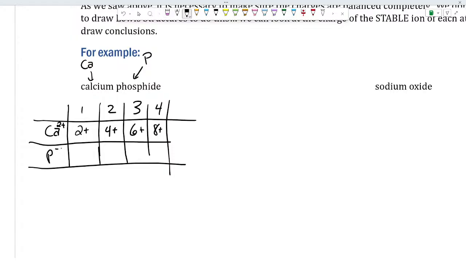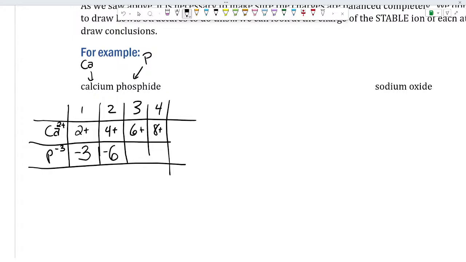So I'd say, okay, if I drew 1 phosphorus, it would take 3 electrons. Does 1 calcium and 1 phosphorus work if I drew them? No. I'd obviously have to draw another phosphorus. So if I draw the second phosphorus, how many electrons will they be able to take total now? 6.